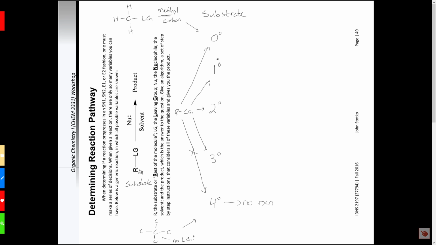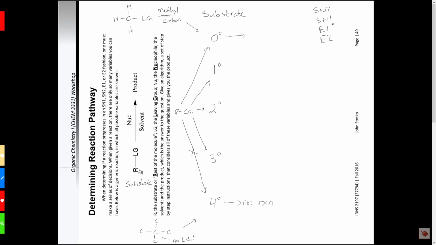So let's go. If we have a methyl carbon, remember, we're trying to decide between, and I'll put this right here for now, SN2, SN1, E1, and E2. We only have four things to decide between.